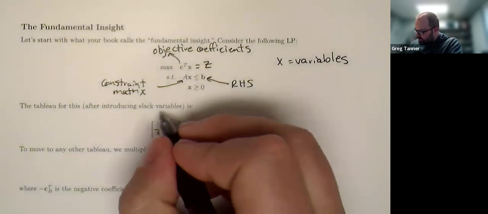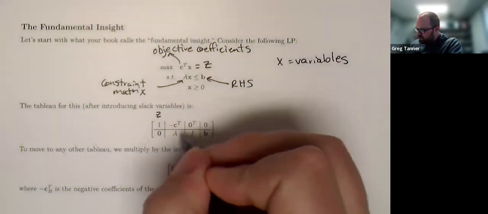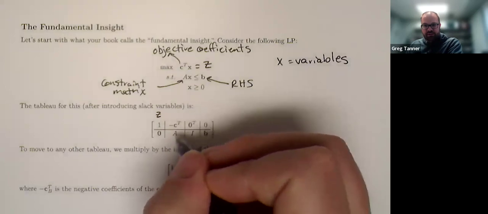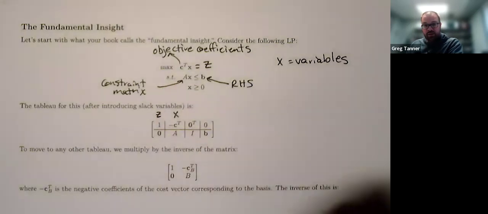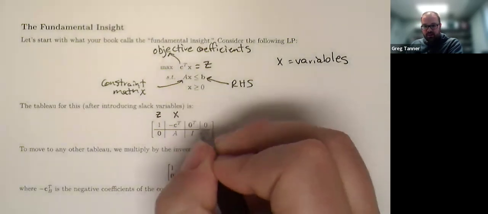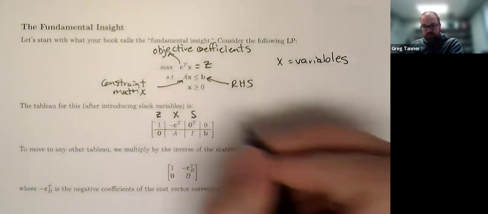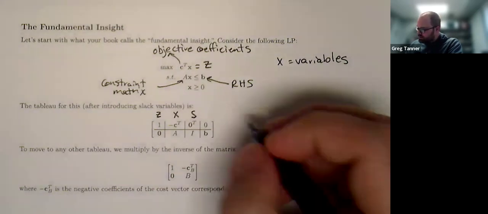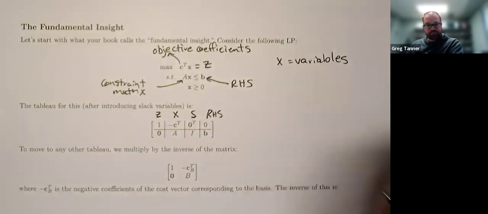Labeling the columns, this first column will be for Z. This is actually a chunk of columns, and those are all the columns corresponding to our original variables. These columns here, and there's going to be several of them, are all the columns that correspond to our slack variables. And then this here is our right-hand side.